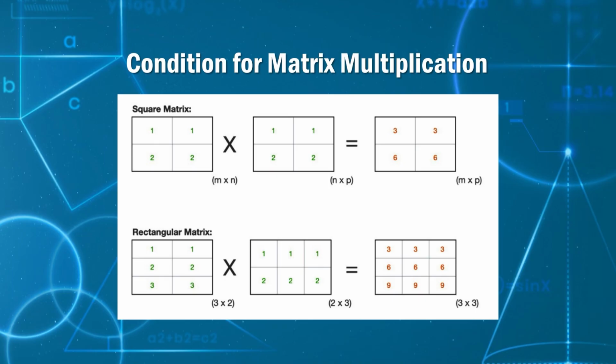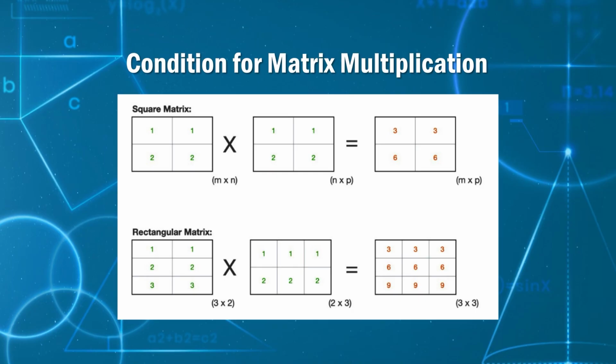Again, the second row of matrix A and the first column of the second matrix: 2 into 1 is 2 and 2 into 2 is 4. 4 plus 2 is 6. So the element will be 6 in the resultant matrix, the second element of the first column. In the same way, the first row times the second column gives 3, the first element of the second column. Similarly you can multiply the rest.